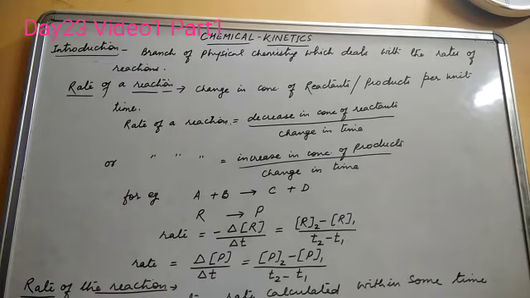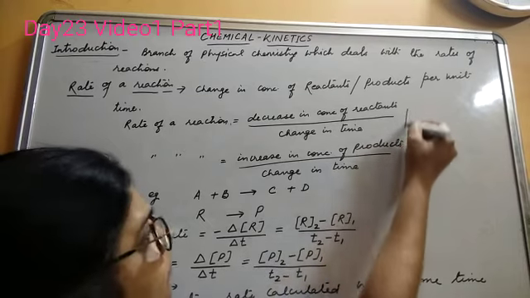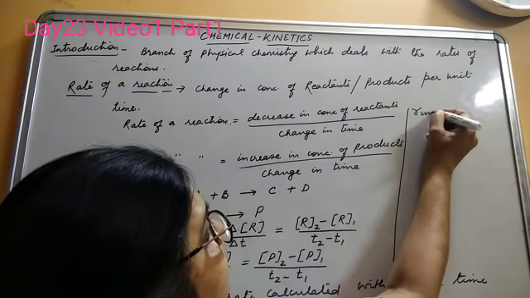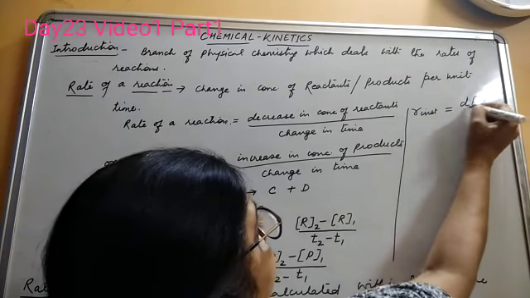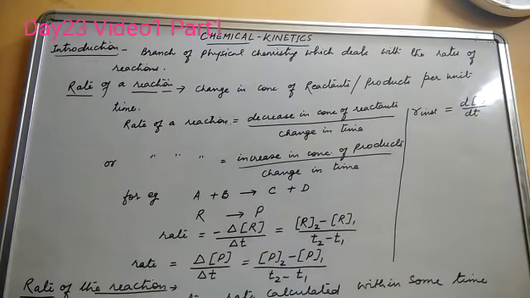It is shown by r inst, instantaneous, equal to minus dR by dt for reactants, with d instead of delta. D shows a very small time interval, or any instant of time. Same way, with respect to product, we can write the instantaneous rate as dP over dt.